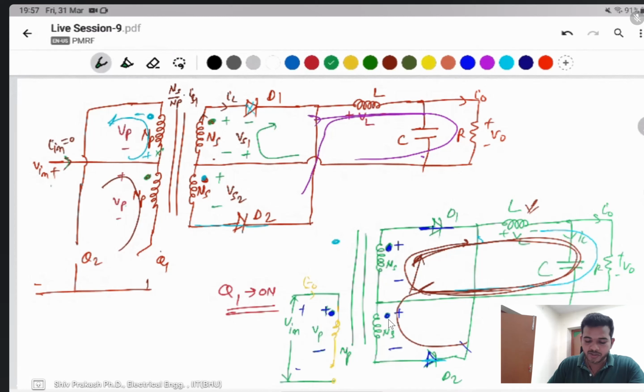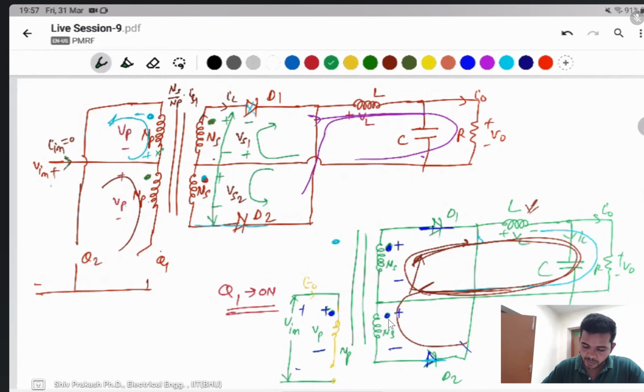If it does not act as a source, then the polarity will be reversed. Then the VS2 current should flow like that, and VS1 and VS2 should be the same because the number of turns is equal. If the number of turns is equal, then the voltage should be 0 from here to here. Because the primary voltage is also 0, the secondary should be 0 voltage.